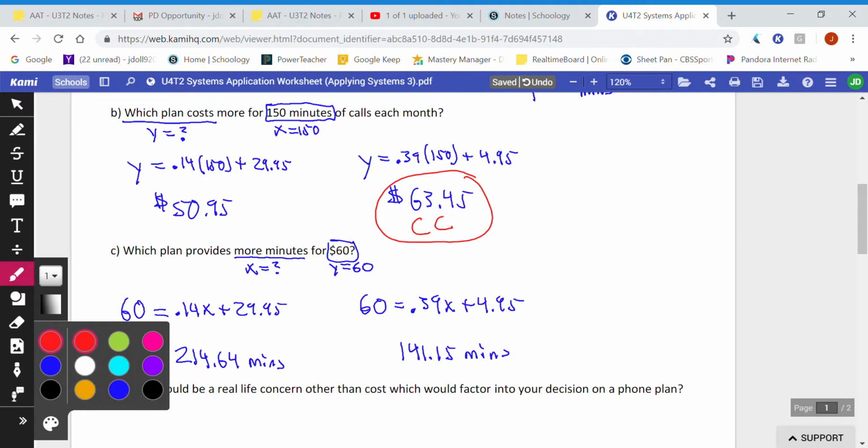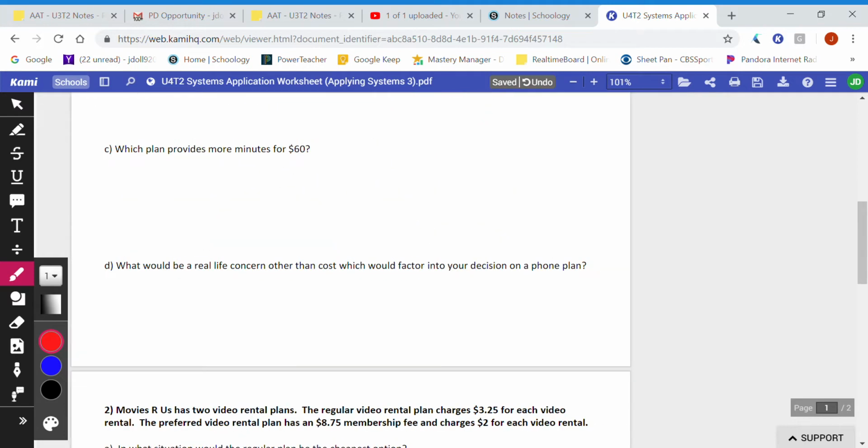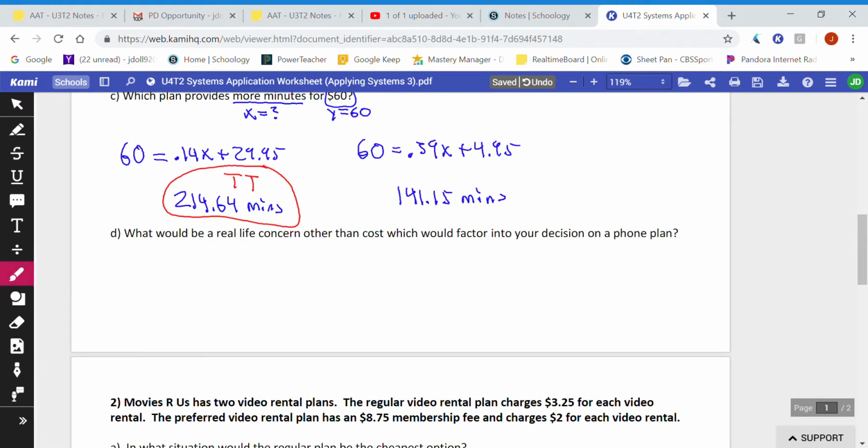So clearly, Terry's phone plan here for $60 is going to give you far more minutes than Carrie's connection is going to give you.